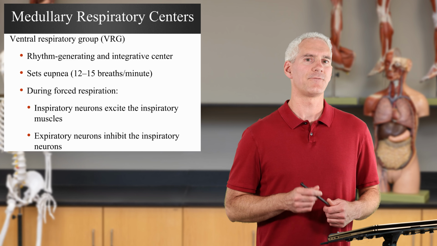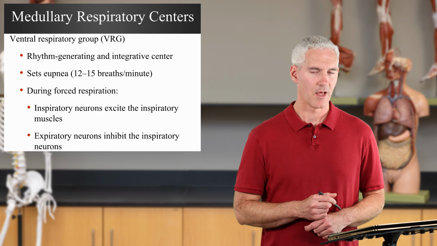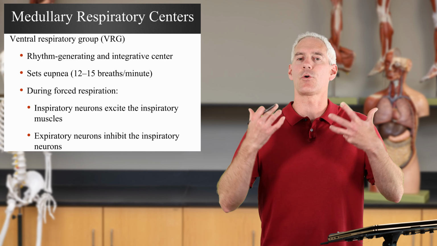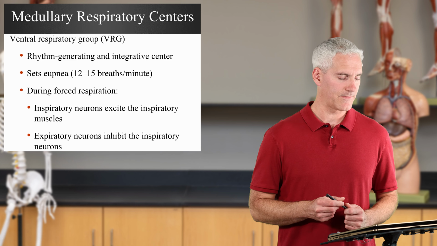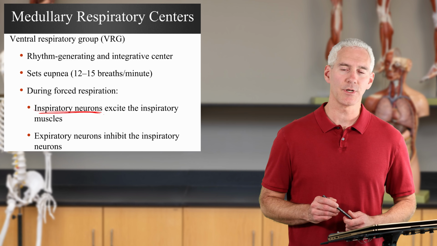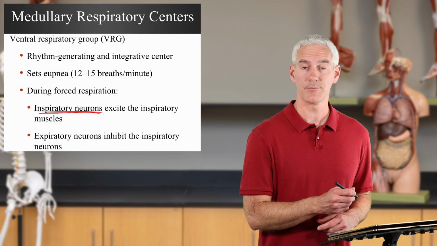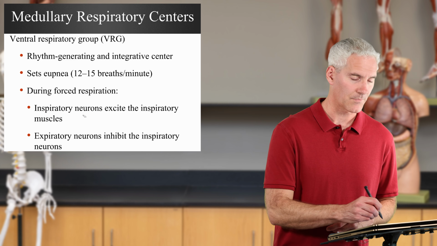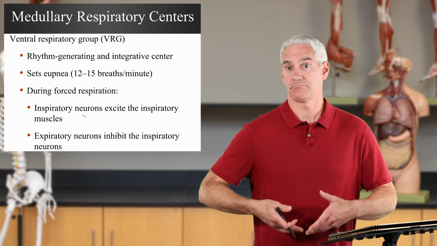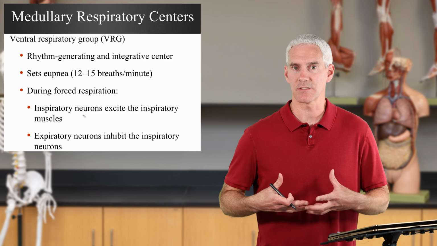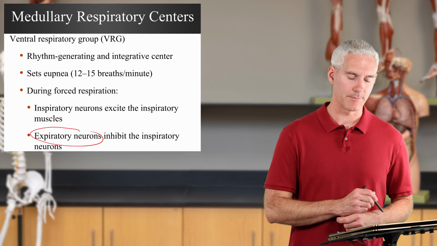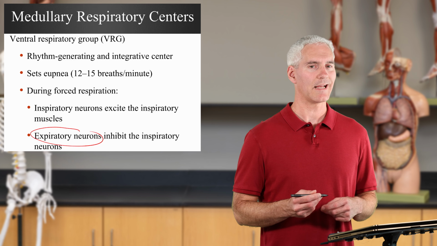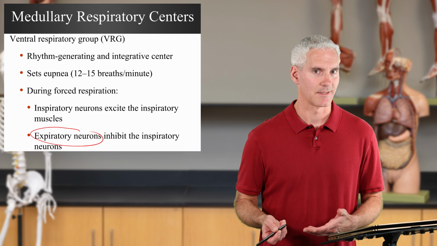But now, during forced respiration, where you're breathing in or out quickly, not your normal breathing, the inspiratory neurons are exciting the inspiratory muscles. Makes sense. Inspiratory neurons, breathe in, excite the inspiratory muscles, breathing in. Now though, the expiratory neurons don't excite the expiratory muscles.